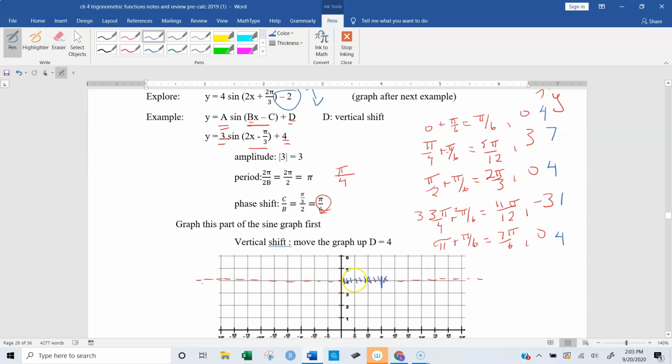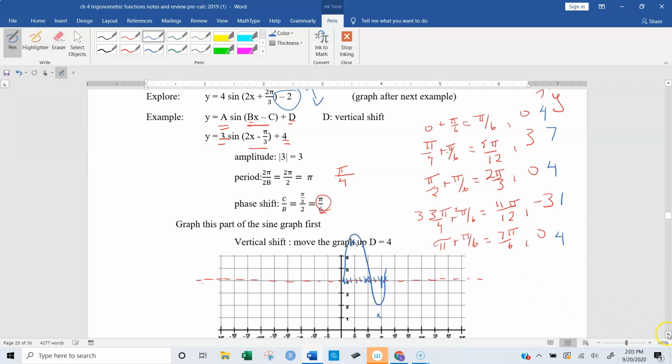Halfway in between, we're going to go an amplitude of 3, so we need to move up 3 and mark my graph. And amplitude of -3, so we go down 3 from 4, and we are at 1. Then we draw in our sine graph.